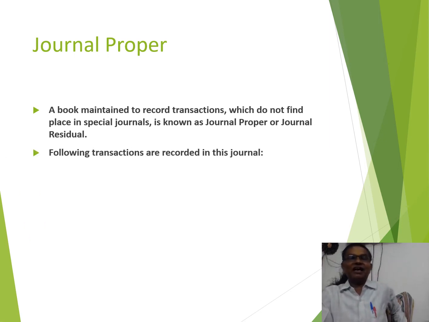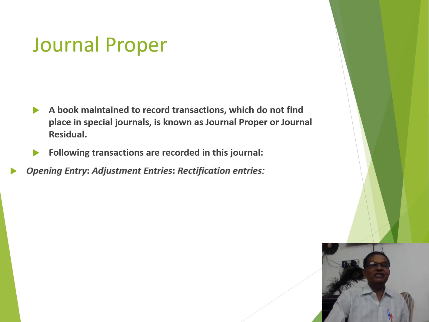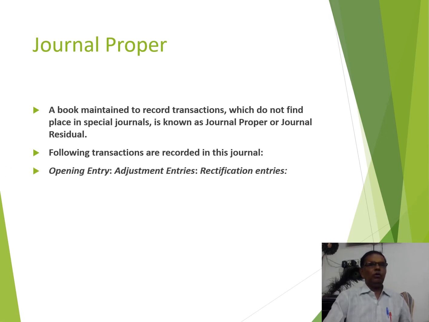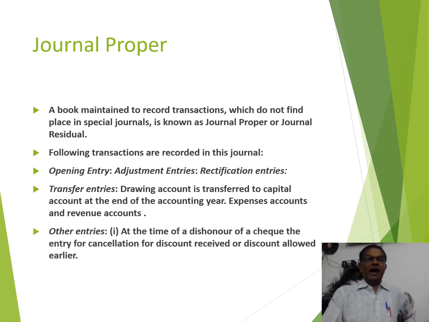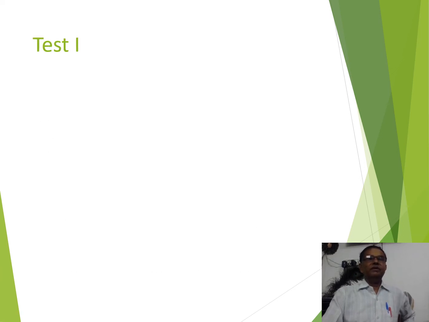The following transactions are recorded in this journal: opening entries, adjustment entries, rectification entries, transfer entries like drawing account and transfer to capital account, and other entries when a check is dishonored or cancelled, or discount is received or allowed.